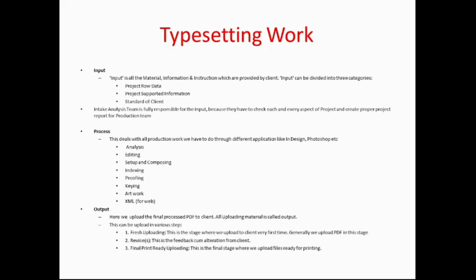Input is whatever documents we get from the client side. Process is the work we do to get the final product. It involves analysis, editing, setup and composing, indexing, proofing, keying, artwork, XML, web, and lots of other things to get the product done.